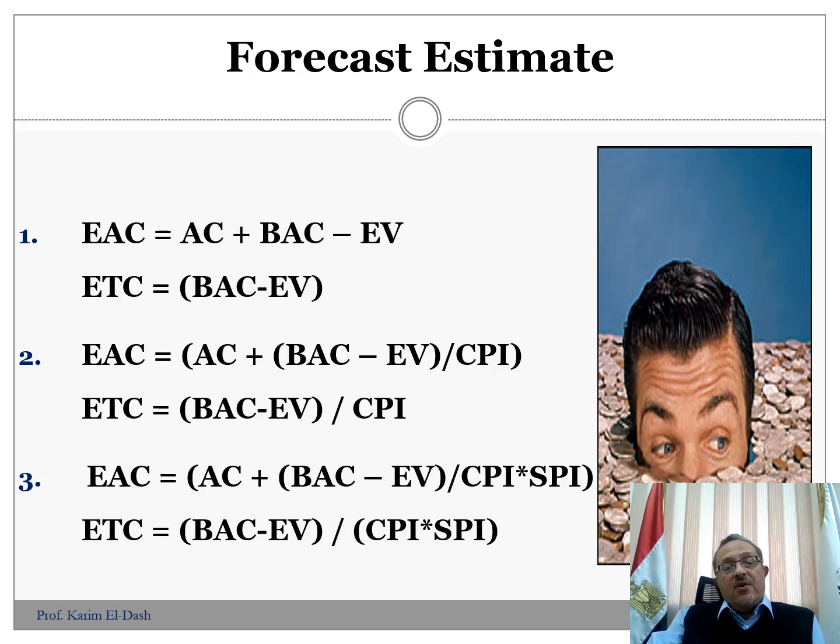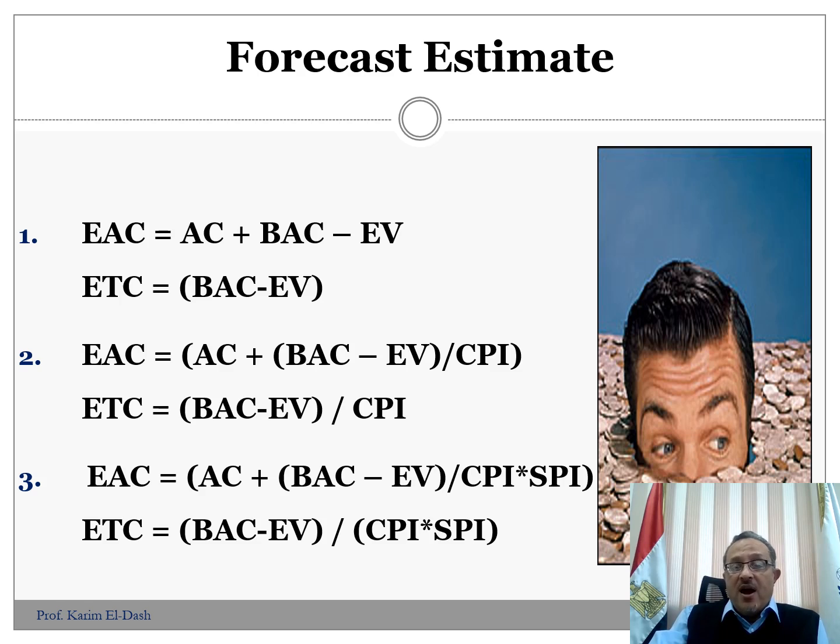The third scenario, the estimate at completion equals the actual cost plus, between brackets, budget minus earned value divided by the cost performance index. This is exactly as the second scenario, but in this case we also have to divide by the schedule performance index, in order to consider the variability in the schedule performance as well.